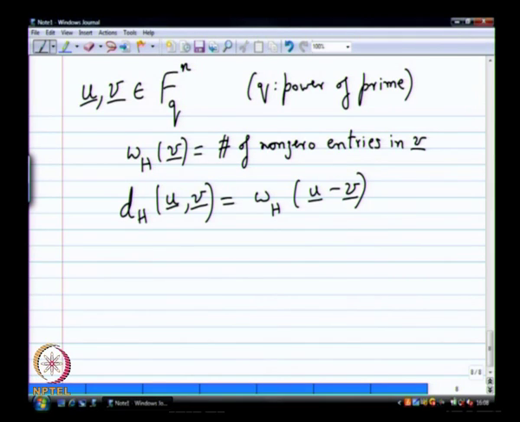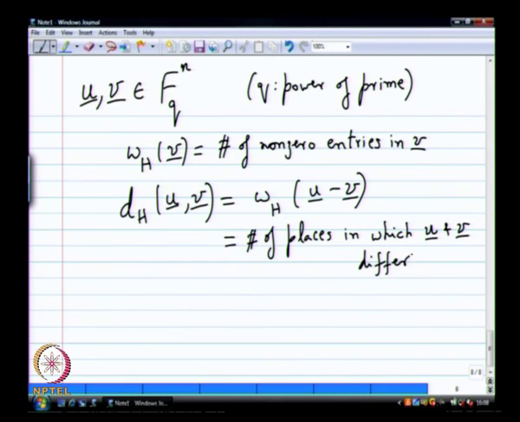For an even numbered field, the prime has to be 2, and in that case minus can become plus; otherwise I have to say u minus v. In words, it is the number of places in which u and v differ. That remains the same as the binary case. So that is the formal extension of Hamming weight and Hamming distance from binary to arbitrary finite fields.